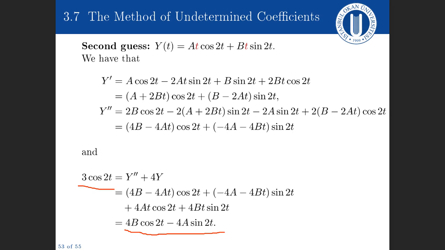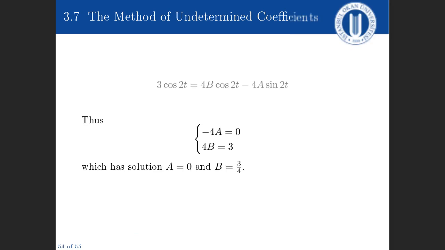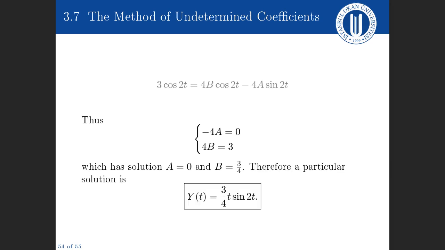And we can find A and B which satisfy this for all t. We can solve minus 4a is equal to 0 and 4b is equal to 3. So a particular solution to the differential equation is 3 over 4 t sine 2t.